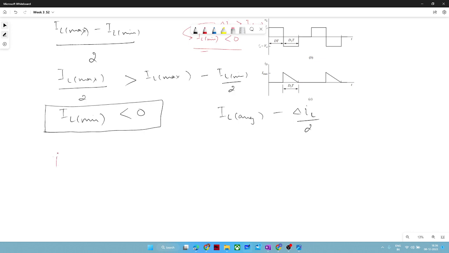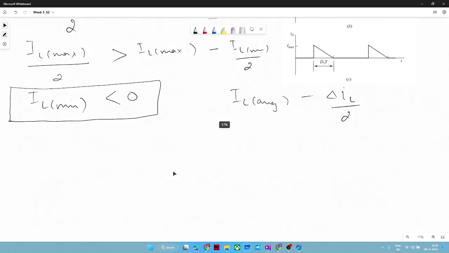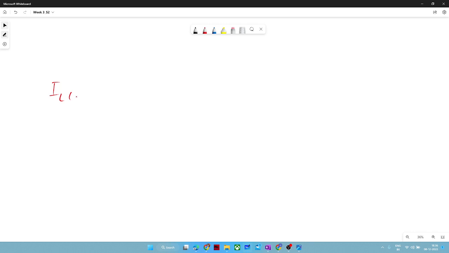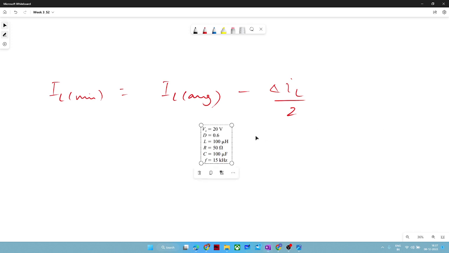So we will equate IL minimum. IL min value is IL average minus del IL by 2. Now, IL average we need to find out. Again, I will take the parameters in front. So these are the parameters.